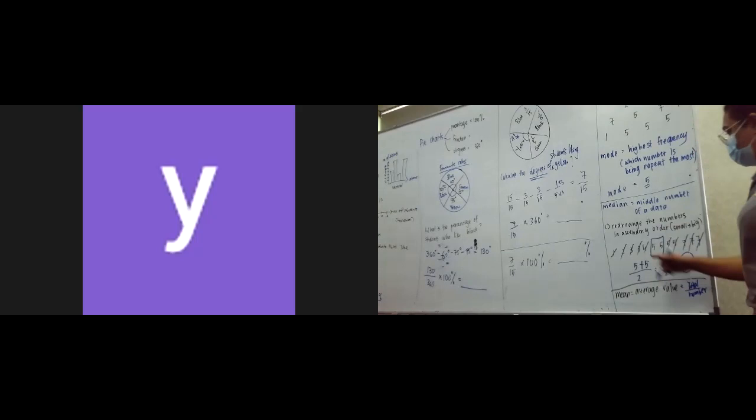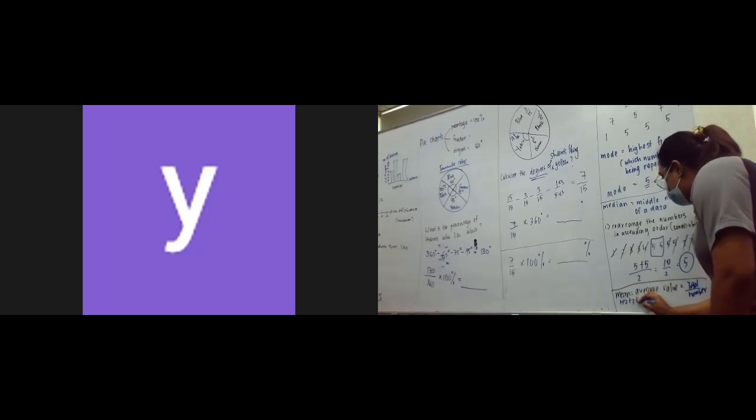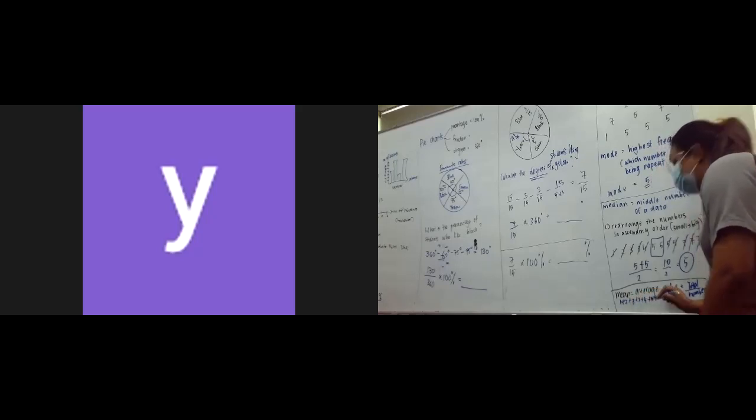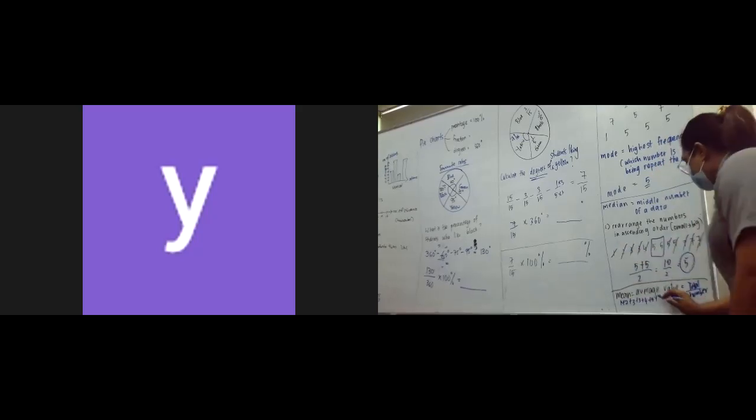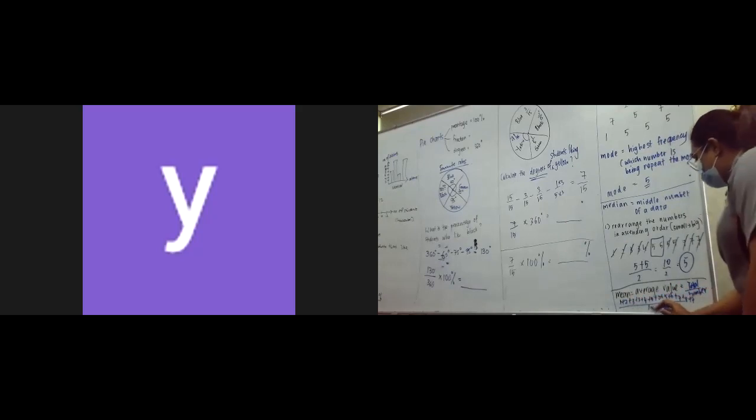You add everything: 1 plus 2 plus 3 plus 3 plus 4 plus 5 plus 5 plus 5 plus 5 plus 7 plus 7 plus 7, divided by 12.